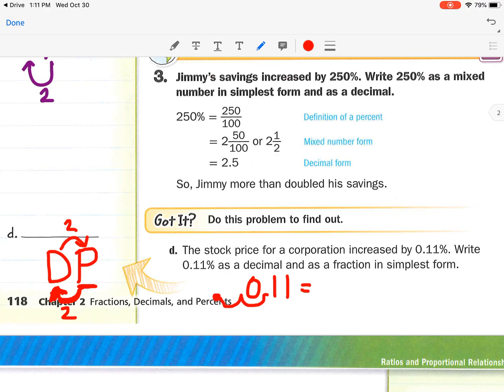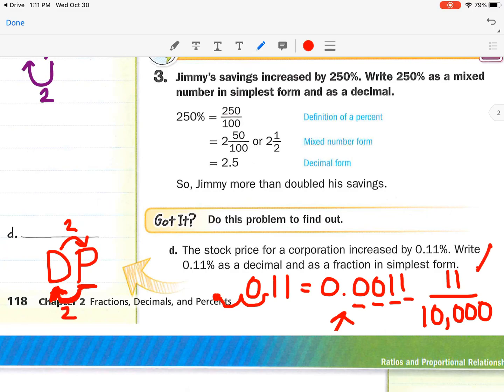And so now I end up getting 0.0011. And when I write that, that gives me 11 over 10,000, because this is tenths, hundredths, thousandths, 10,000ths. So 0 and 11/10,000ths. So there's my decimal, and there is my percent.